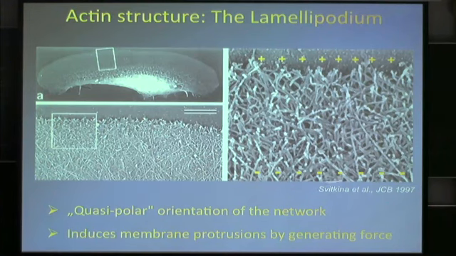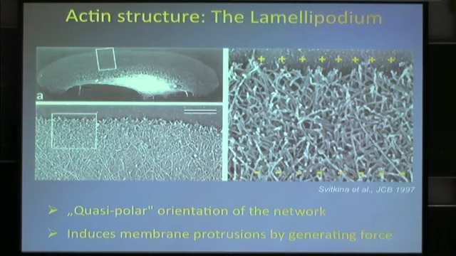Overall you don't have linear fibers where you can just point to one fiber with a minus end or plus end, but overall you will have an enrichment at the very edge of the cell of more plus ends, and a little bit further inside more minus ends.